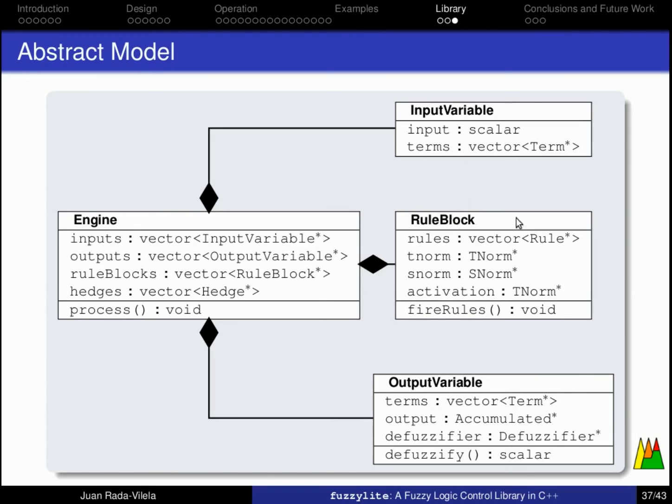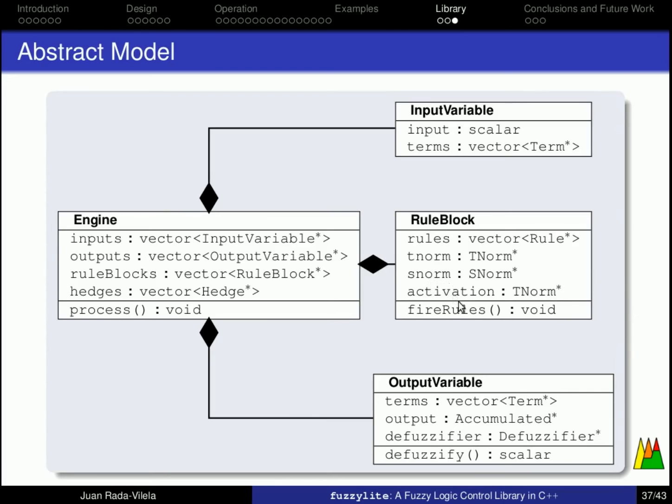Now the rule block contains the rules for the fuzzy logic controller. The T-norm and S-norm are going to change in version 4. The T-norm defines the conjunction, that is the AND connective, and the S-norm defines the OR connective.